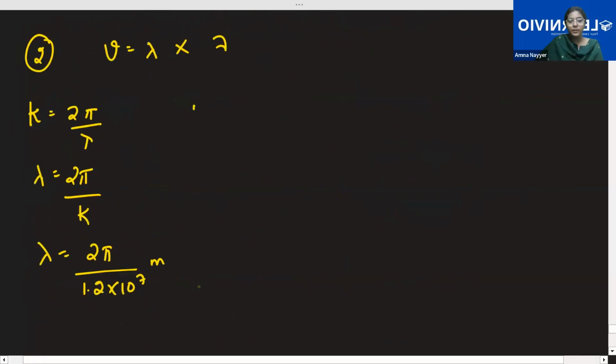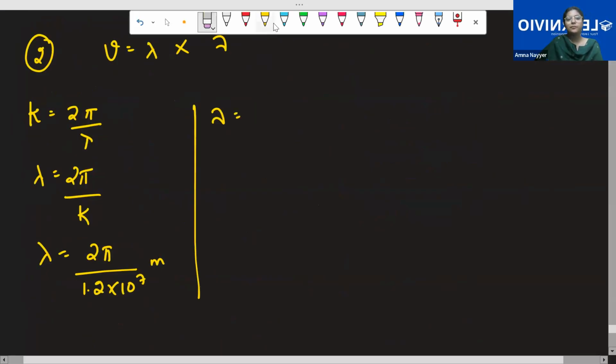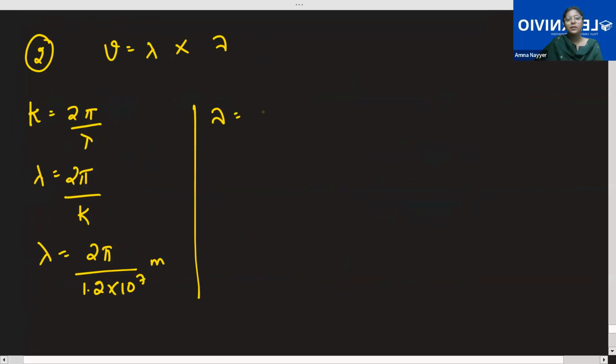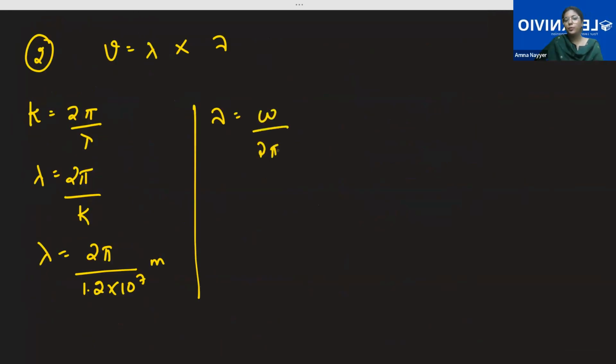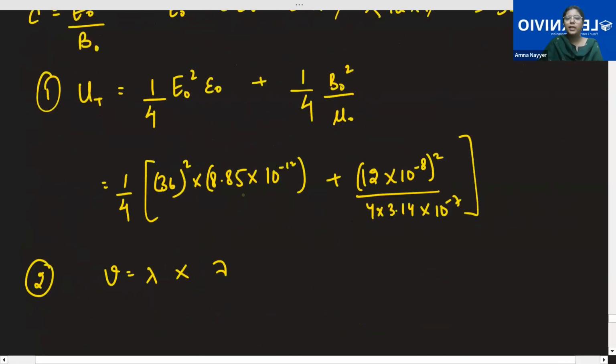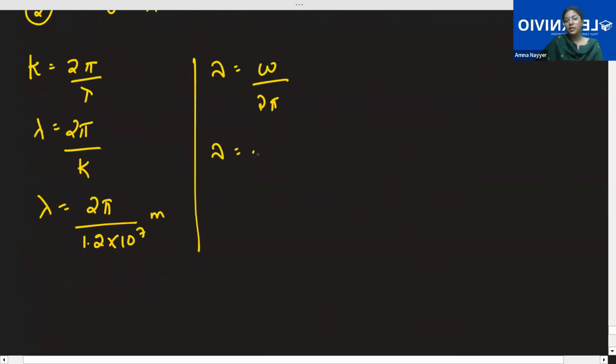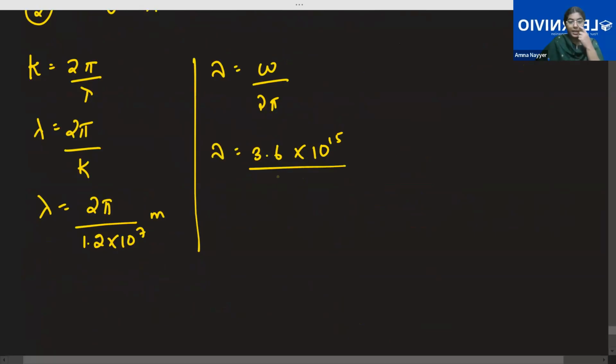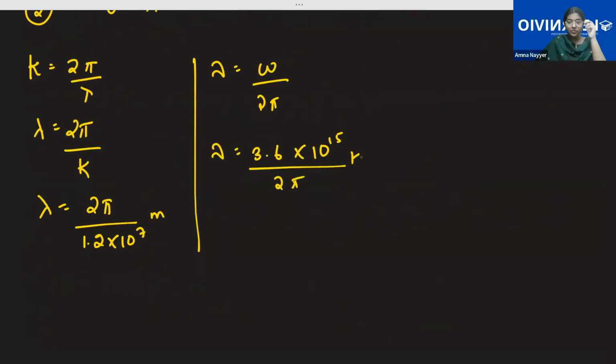And what about the frequency then? Frequency is equal to omega by 2 pi. Omega is also given in the question, 3.6 into 10 to the power 15, so 3.6 into 10 to the power 15 by 2 pi. This much of hertz.